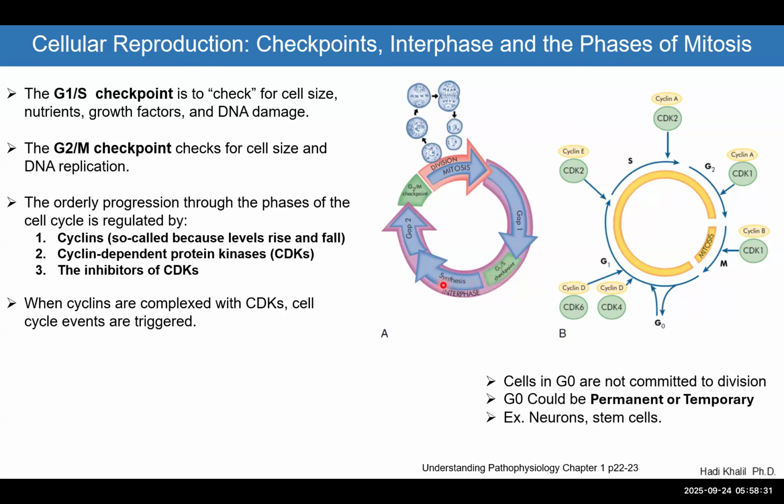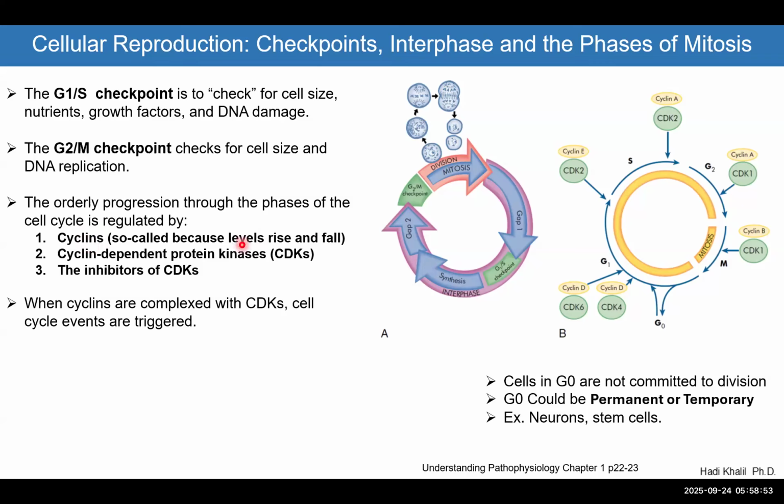While during the synthesis and the gap2, this is more for the check on the DNA replication. Now, this happens because we have a set of proteins called cyclins, and as their name indicates, their level rises and falls.